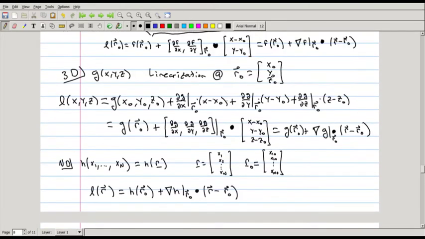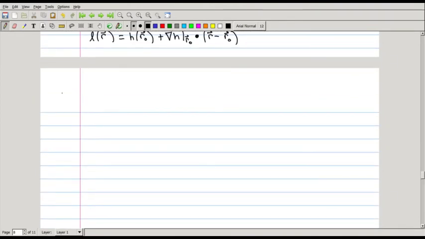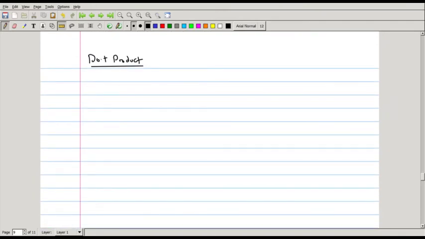And just in case you don't remember the dot product, I wanted to give a little bit of a review right here. So remember that the dot product is a special product that we can define between vectors.